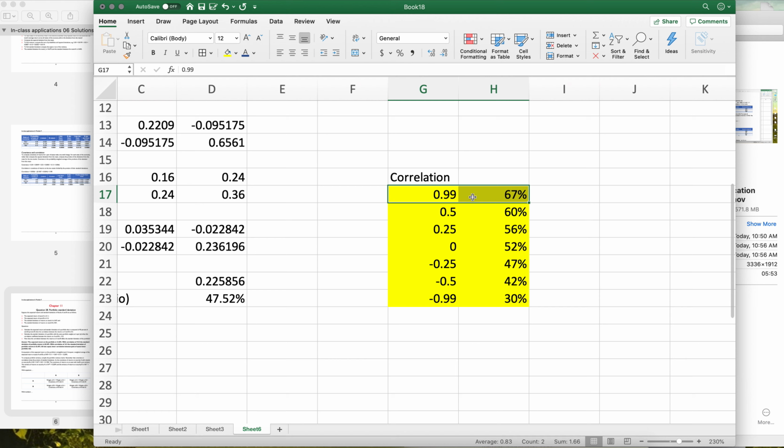In bad times, the portfolio just gets hammered, and there's no sort of insurance. So correlation tells you the insurance that the two assets provide, and that's why the negative 0.5 has such a low standard deviation, is that there's more insurance here because they're negatively correlated. When one does poorly, the other does well, and vice versa. And so that's kind of the message that you want to get out of this. The higher the correlation, the less benefit from diversification.